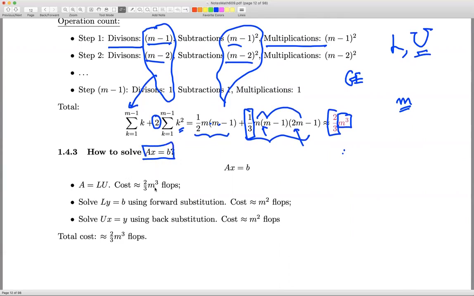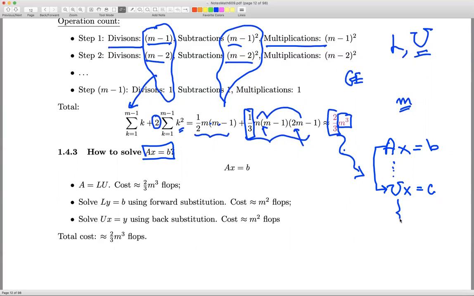You can do it the usual way that you know from linear algebra. You have AX is equal to B. Then you do the elementary row operations until you get to UX is equal to C. And then you solve this with a back substitution. To go from here to here costs 2/3 m to power 3.